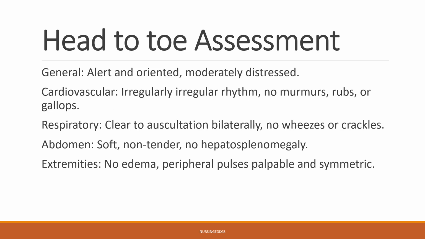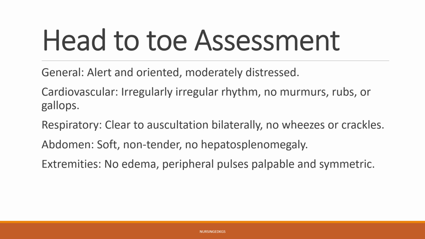Now, in a quick head-to-toe assessment, you notice that she's alert and oriented, moderately distressed just because of that irregular heartbeat and the uncomfortable feeling that is associated with atrial fibrillation. Other patients will report feeling anxious. As I said, she has an irregular rhythm.